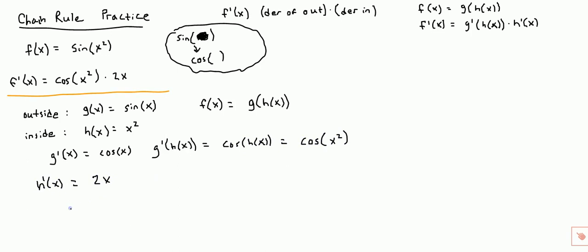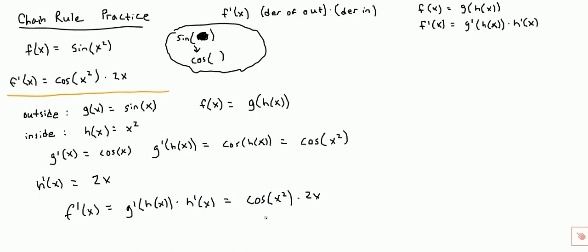So f prime of x is g prime of h of x multiplied by h prime of x. That's going to be cosine of x squared times 2x, right? Same answer once more. This is a lot quicker, but if this makes more sense, you can use this too.